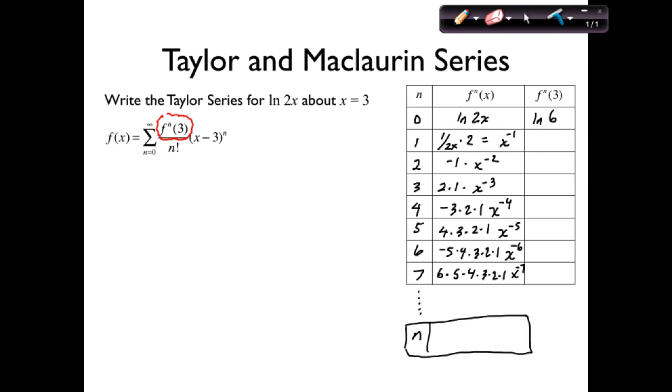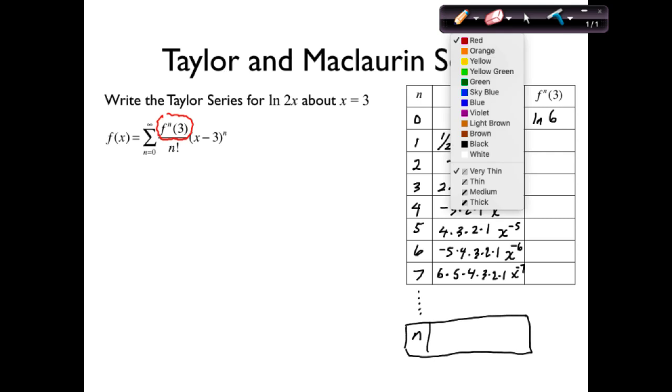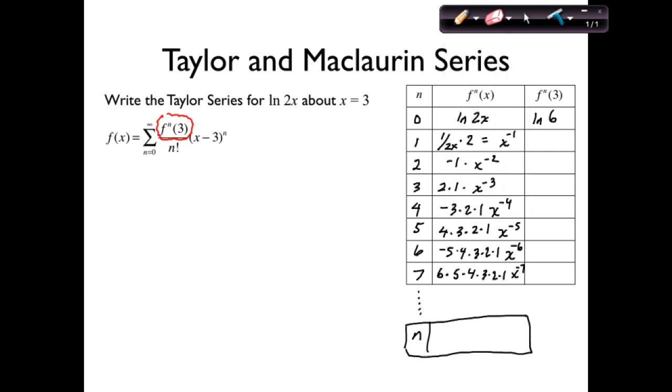Okay, so what do we see there for building a formula here? So it looks like we've got, what pattern is going on here? These are factorials, right? So everyone think, don't just yell it out. Which factorial do you have for the nth derivative?